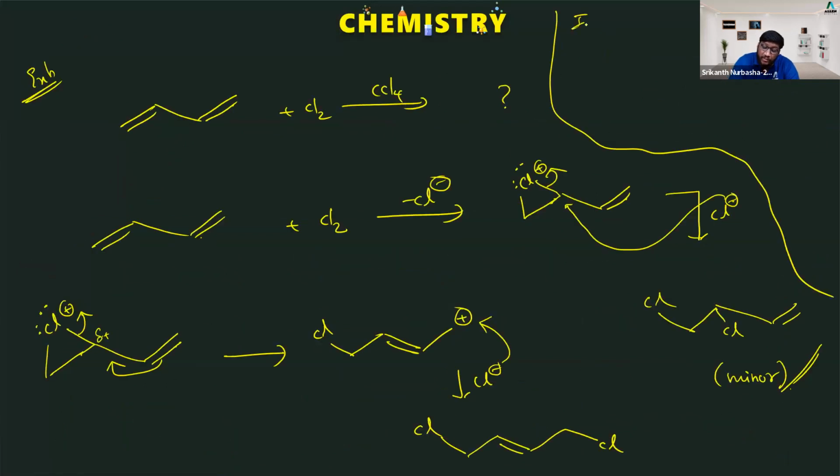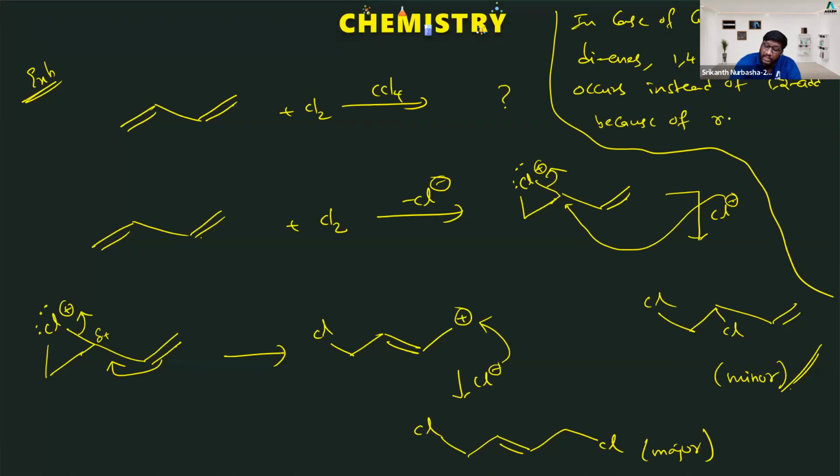In case of conjugated dienes, 1,4 addition occurs instead of 1,2 addition because of resonance of the pi electron density of the alkene with the cyclic halonium ion.